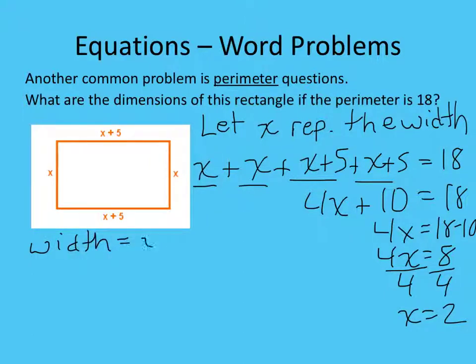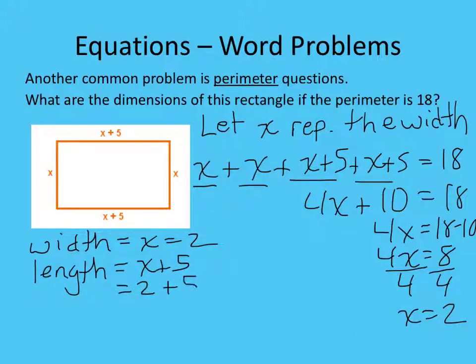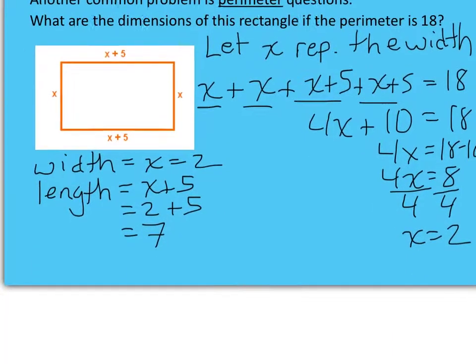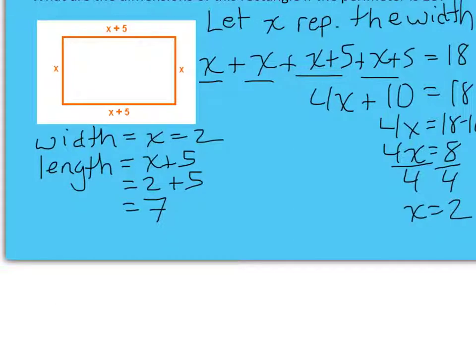Width equals x, which is 2. Length equals x plus 5, which is 2 plus 5, which is 7. Okay, let's do a check just to make sure that our answer works out.